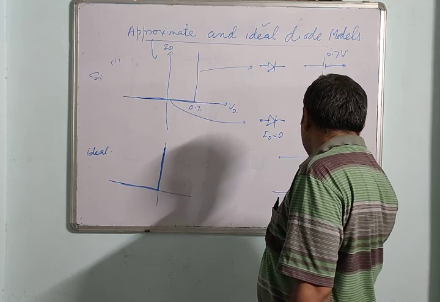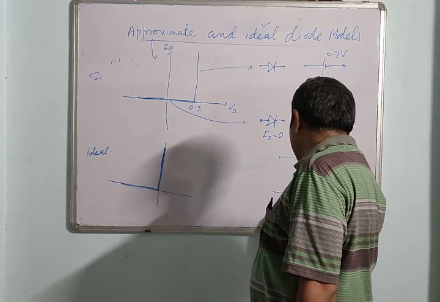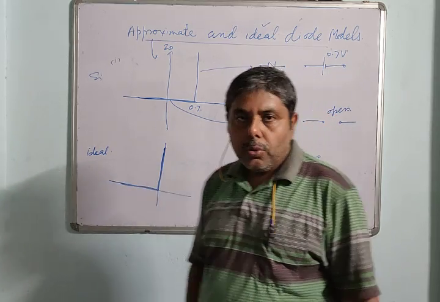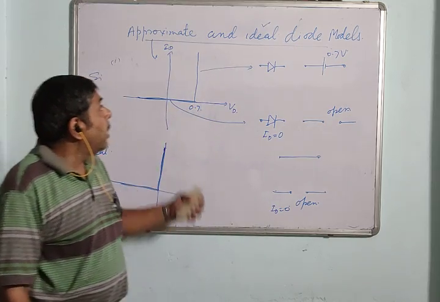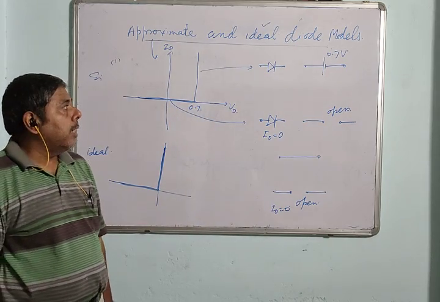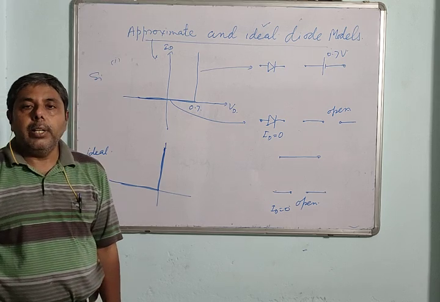Here this is open, so you can see current is 0. So these are two diode models which are majorly used for analysis of different diode circuits.